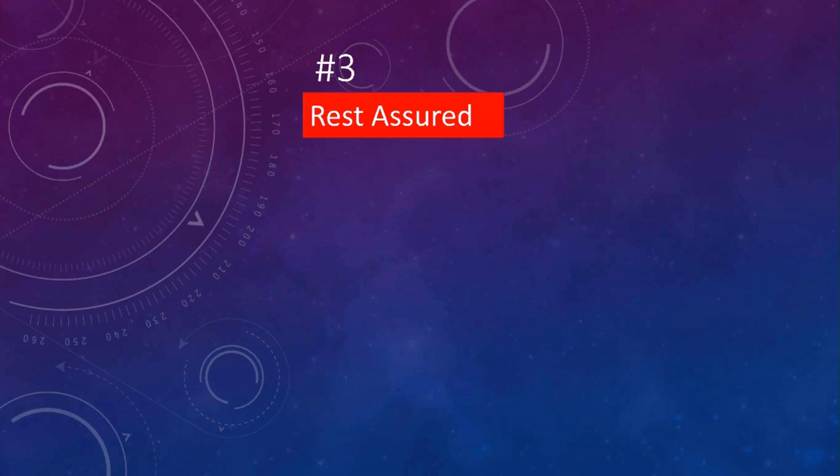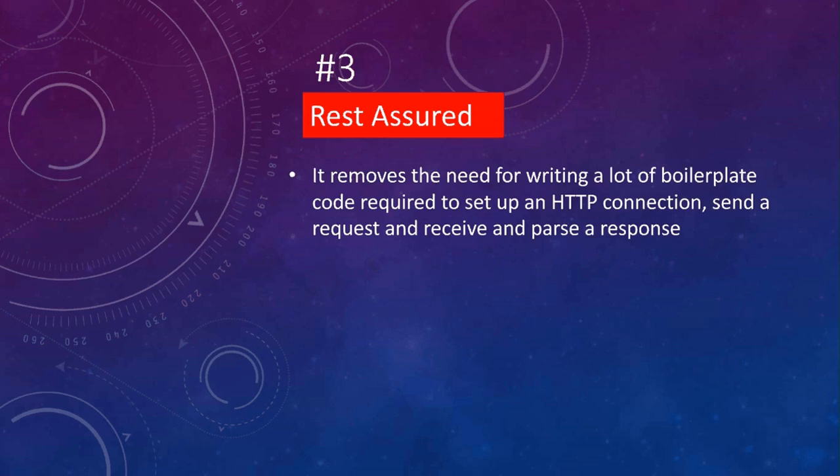Rest Assured is a framework through which you can automate the APIs. It has many advantages when we are using Rest Assured for API testing. It removes the need for writing a lot of boilerplate code required to set up an HTTP connection. So basic coding which is required for any API testing.